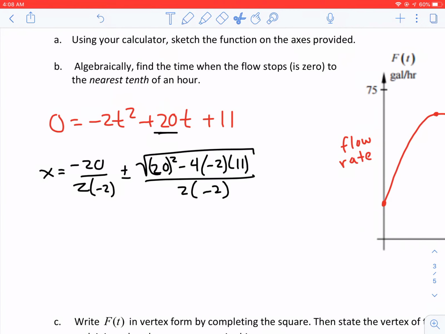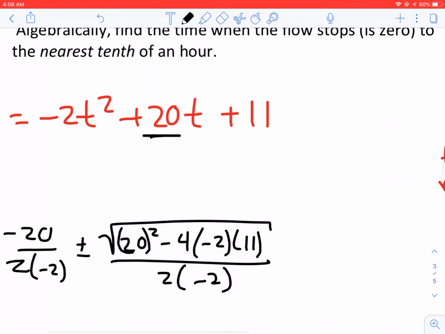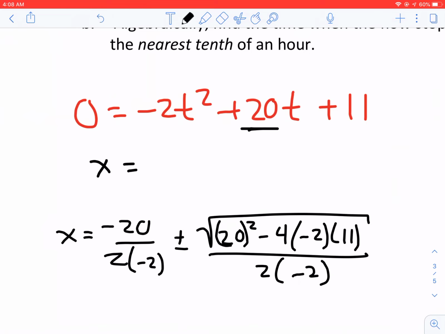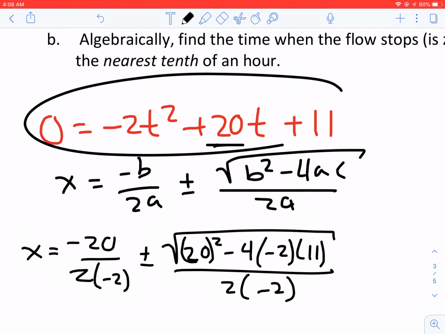Alright? I think this is still new enough that I'll write out the full formula. Alright, b squared minus 4ac, all over 2a. And again, all I did is I plugged in for a, b, and c for my equation.